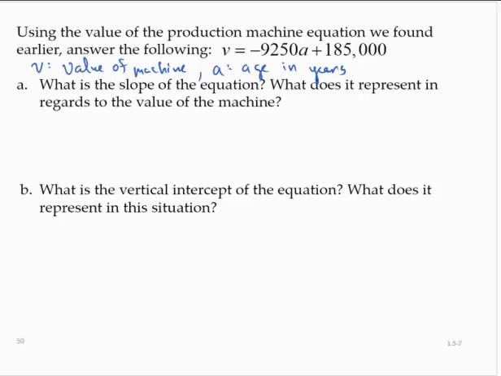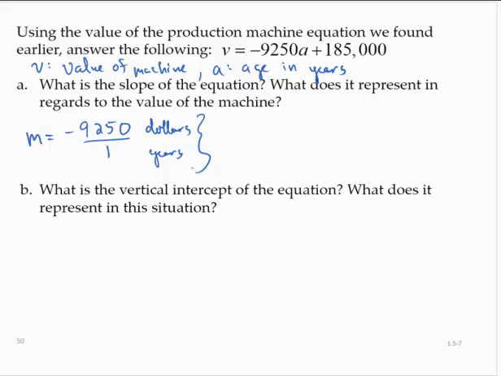What is the slope of the equation? What does it represent in regards to the value of the machine? All right, so the slope m is negative 9,250, and let's think of that as 9,250 over 1. Remember that the value was in dollars, and the 1, that's a change in a, that was in years.